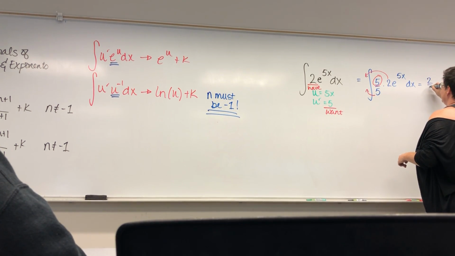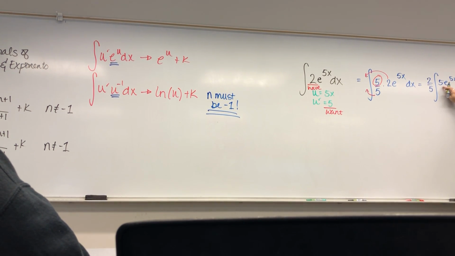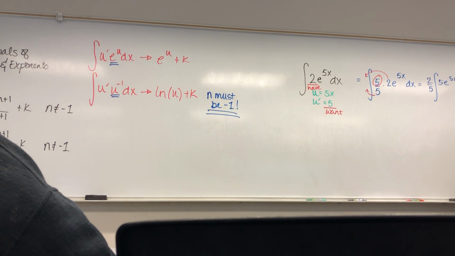So this becomes 2/5 integral 5e to the 5x with respect to x. And I have exactly u prime e to the u. What's my integral, guys? 2/5. Look at the template. E to the 5x plus k. And we're done.